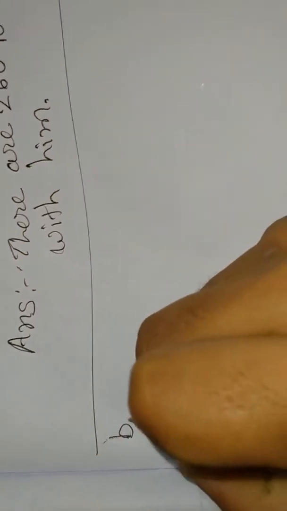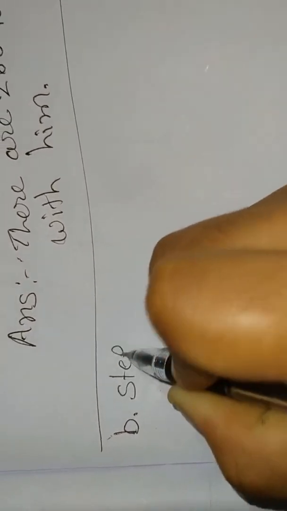B1 sum. In that, step number 1, we have to find the numbers and keywords.